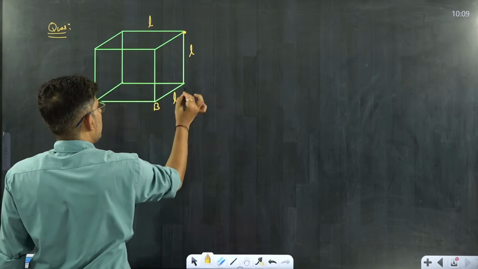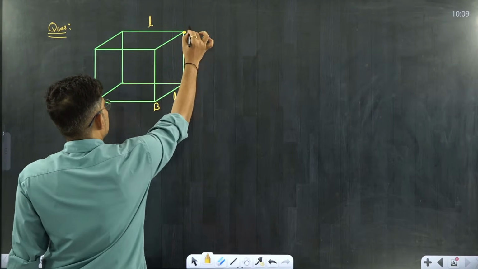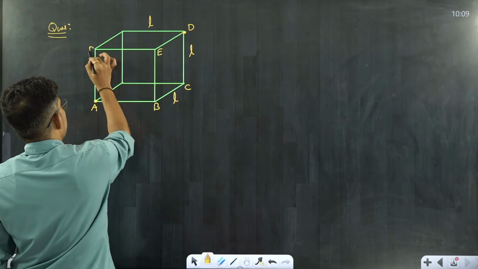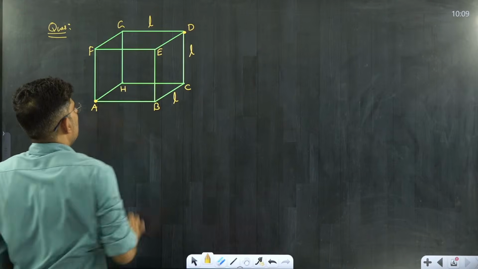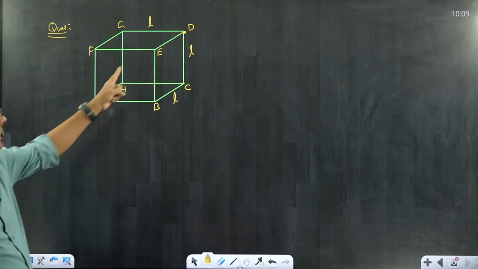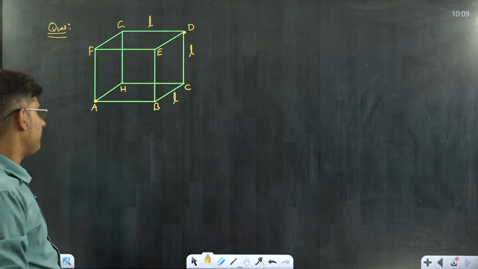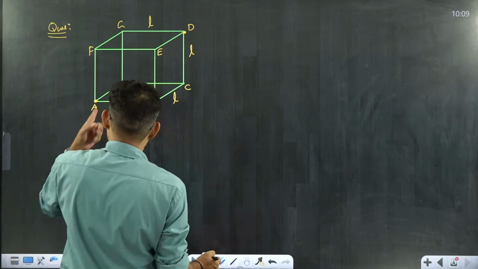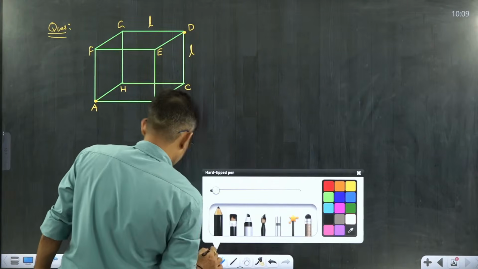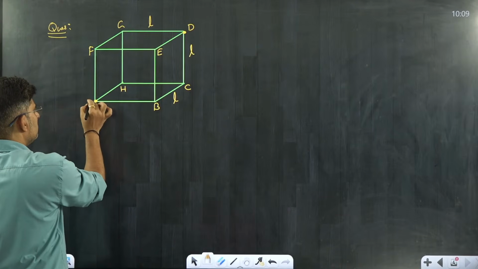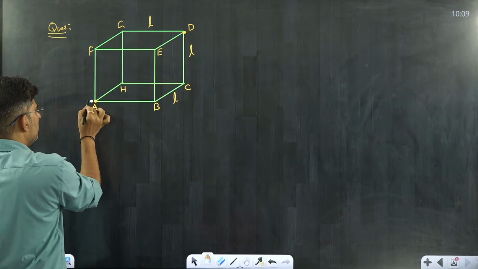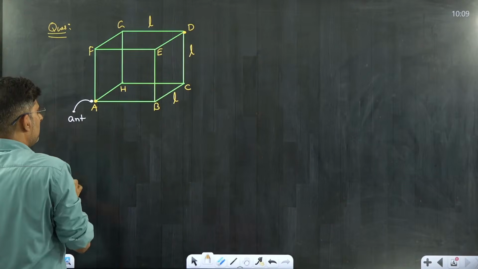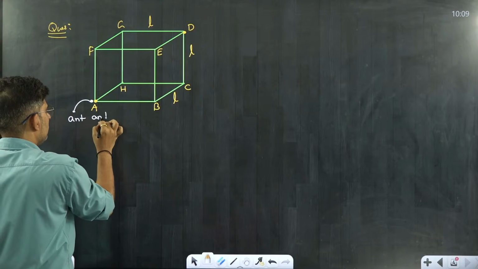So let's name these A, B, C, D, E, F, G, H. You can see the bottom corner and the top corner we have marked over here. Now, at this particular corner A, we have an ant and a fly.